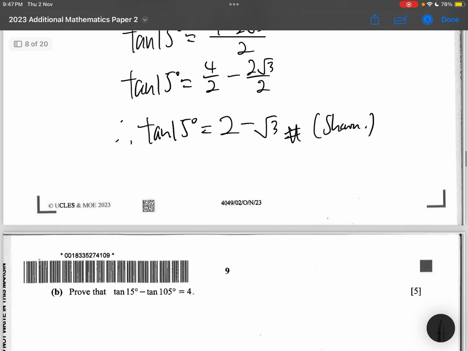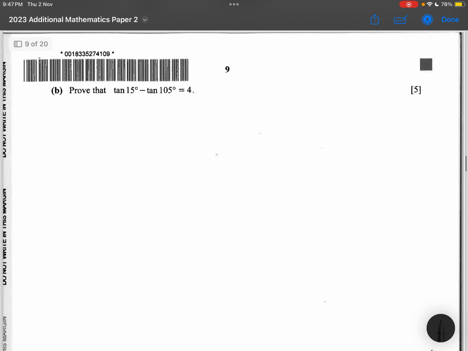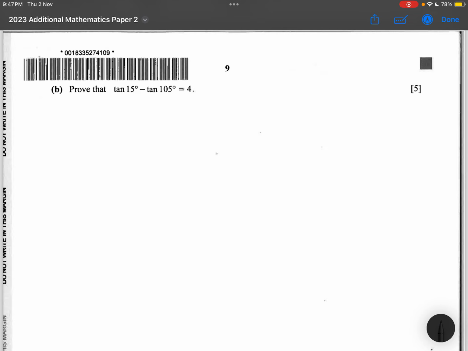Great. Now move on to part B, where I'm required to prove that tangent 15 degrees minus tangent 105 degrees is 4. Okay. Also seems like a pretty scary question. And this is where I reckon most candidates would just give up and just move on to the next question.